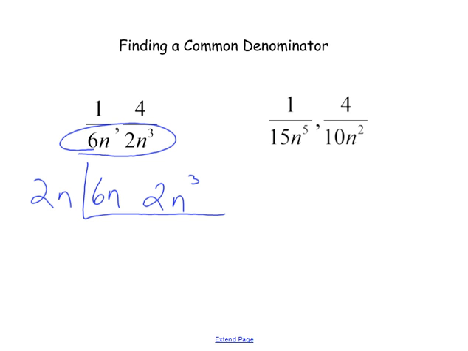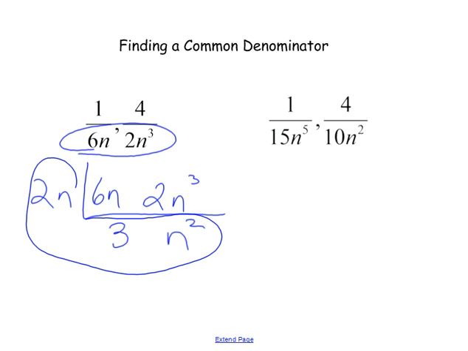2n, which leaves us with 3n squared. So if we multiply these, we get 6n cubed. We're going to look at that in a second. Now let's look at this one. We want to use these two.